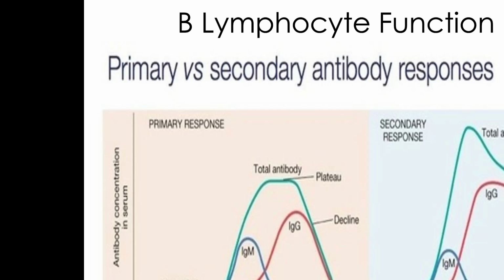There's a plateau that you notice in the total antibody. But upon the second time that your body has encountered a foreign antigen, that spike goes way up. That means your body is able to have a much more effective and rapid immune response versus your primary response.